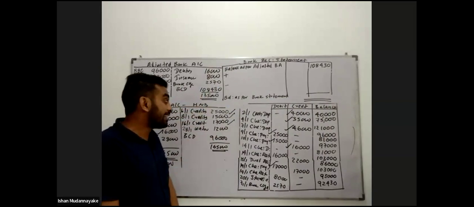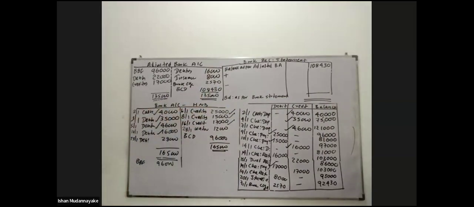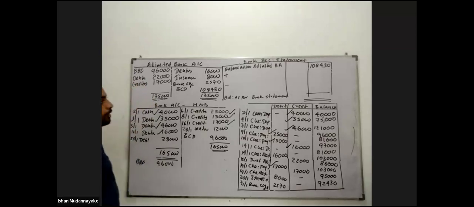Here write down balance as per bank statement. Then balance as per adjusted bank account 108,430.